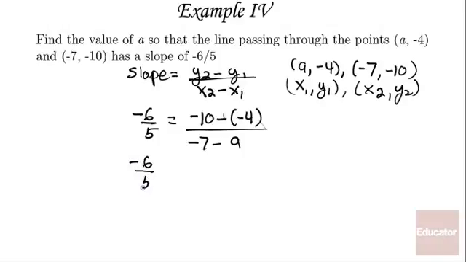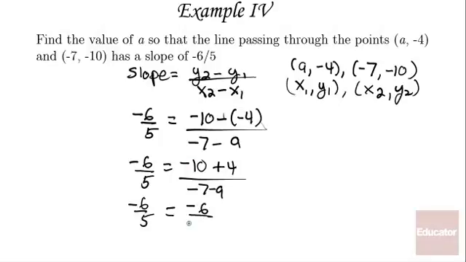So simplify this to make it easier to work with. I get minus 10 minus negative 4, that gives me plus 4, over minus 7 minus a. Well, this actually comes out to minus 10 plus 4 is minus 6, over minus 7 minus a. Okay.